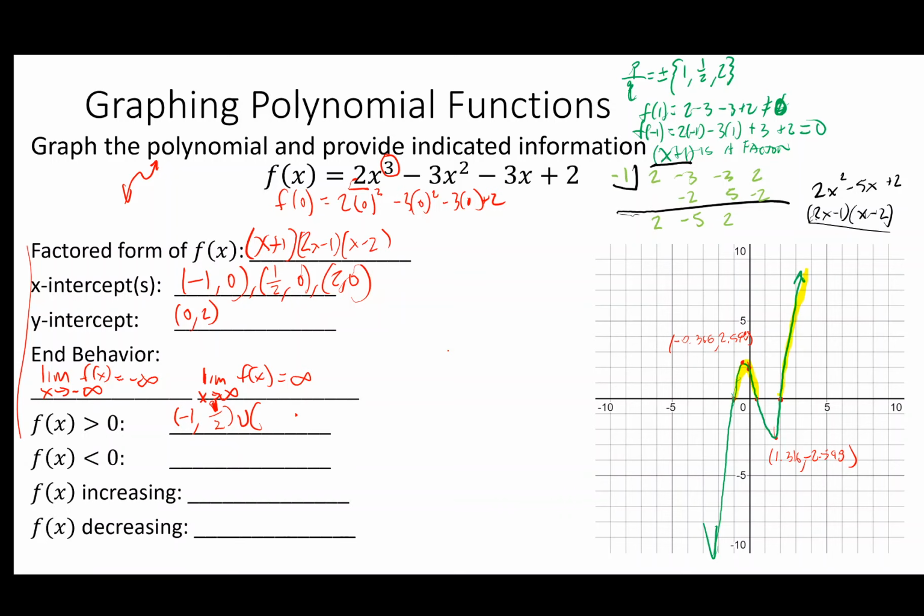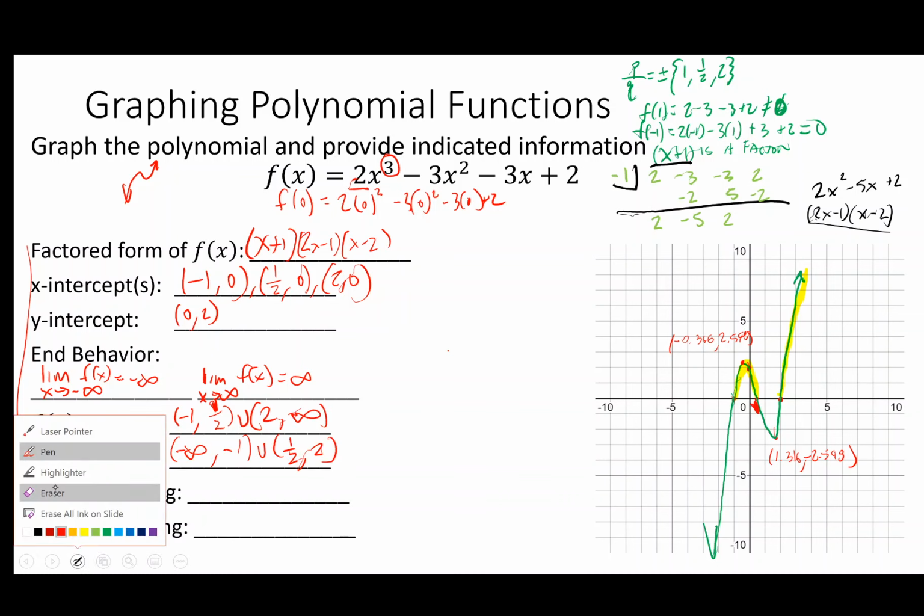Okay, when is f of x increasing? Remember that increasing means everywhere where it's going up. Right there and right there, that's increasing. How do we say that in interval notation?